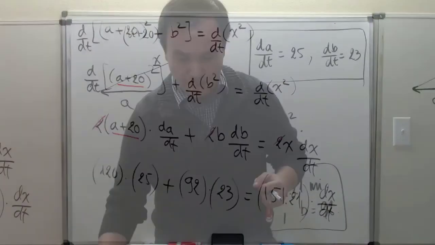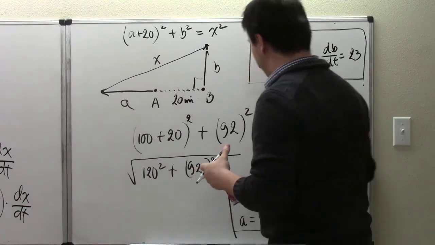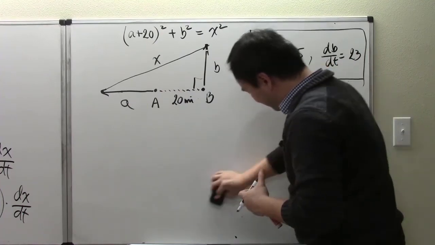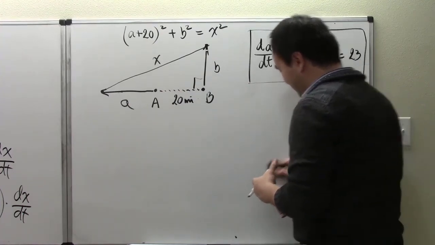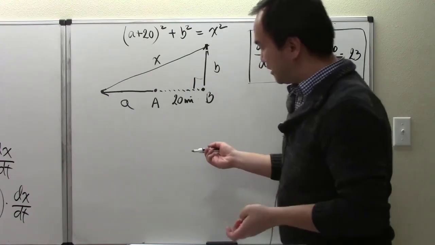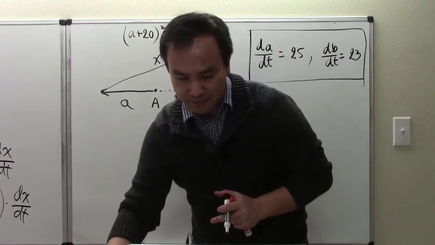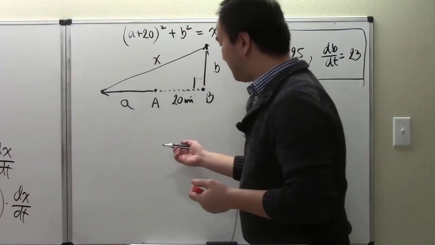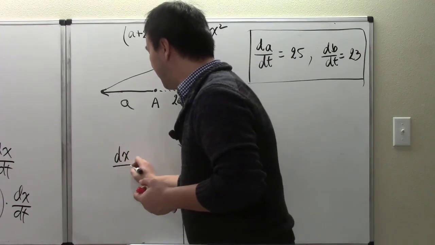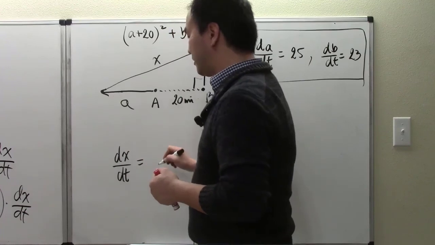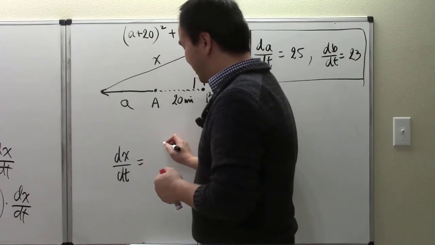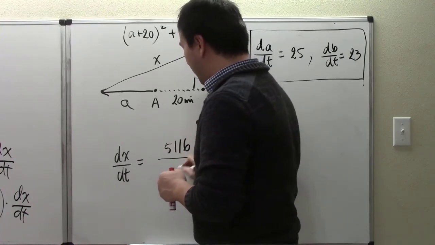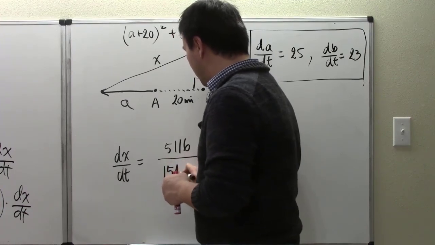All right, so on my first board, now I must erase all of this information here. Picking up from the previous step, we can find our final dx/dt by simply taking the sum on the left-hand side of our previous equation, which gives me 5,116, and dividing that by 151.21.